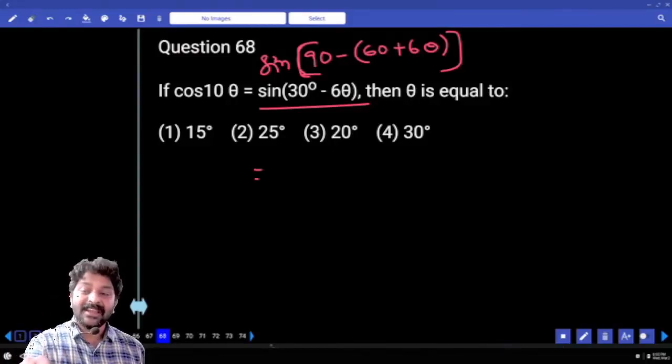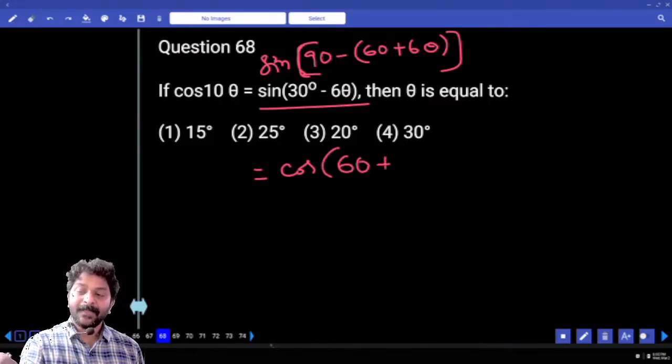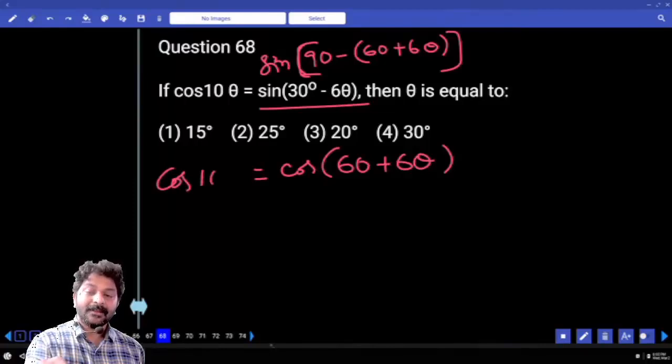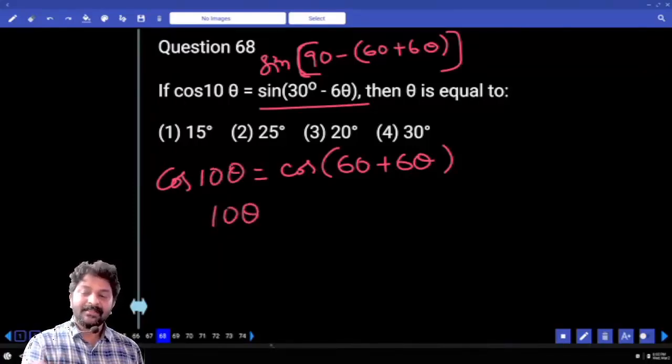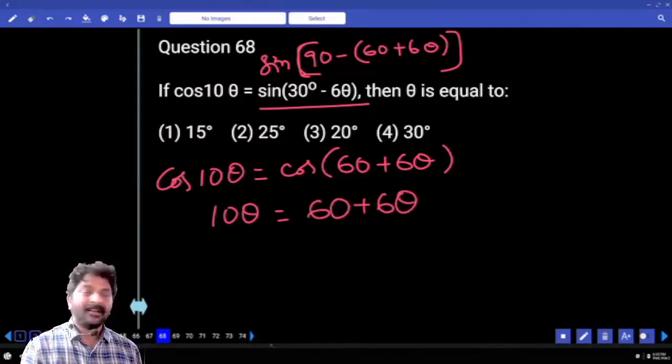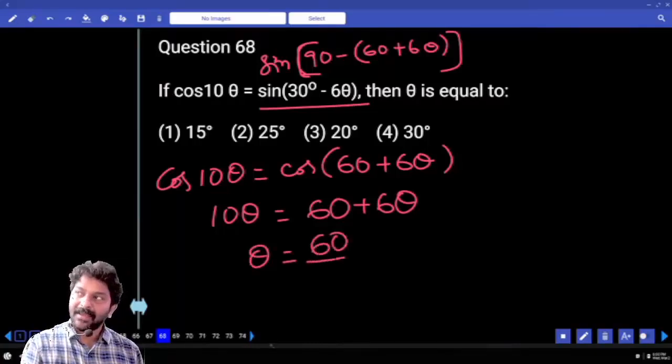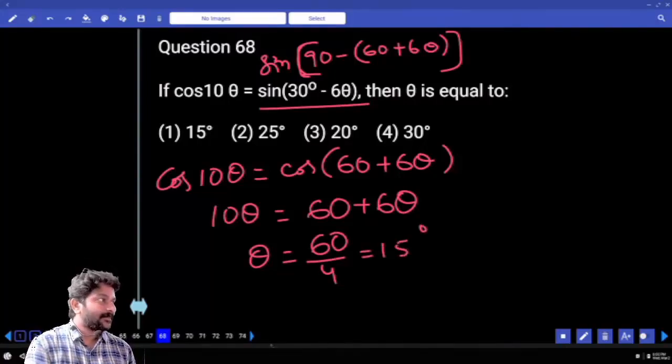So in that case, the right hand side value becomes cos 60 plus 6 theta. Correct? On the left hand side and right hand side we have cos. From this, 10 theta is equal to 60 plus 6 theta. Theta goes to one side, 4 theta is equal to 60. Then theta is equal to 60 by 4. Answer 15 degrees.